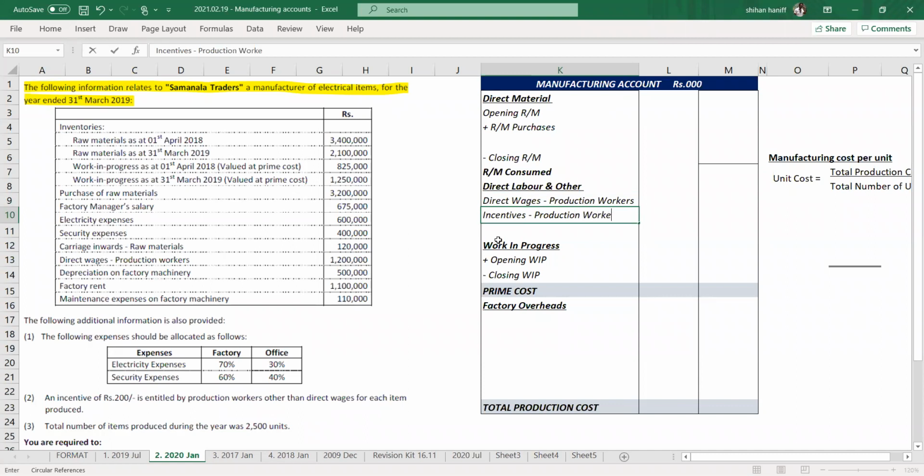It is also a direct expense, direct labor expense, direct labor. Tell me how much is the total production cost? There's one more down.